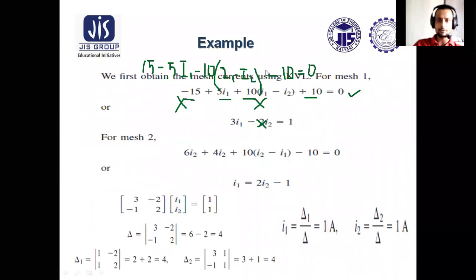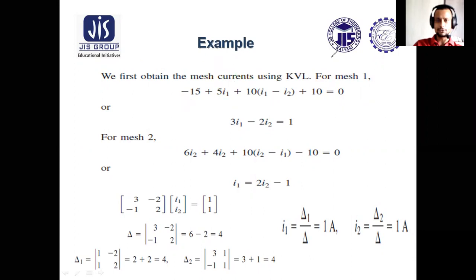If we take a minus common here in our equation, we'll get this equation. So whatever you want, you can do. So this is one equation. By simplifying this equation, we'll get this one.